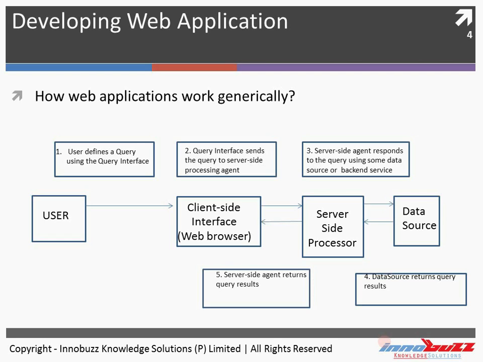The returned query results are sent from the server-side agent to the client side. Finally, the returned data is displayed to the user, which can be in terms of HTML or complex calculations, sorting, or other manipulations of the data. This is how normal web applications work.